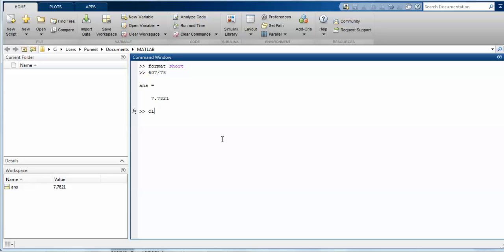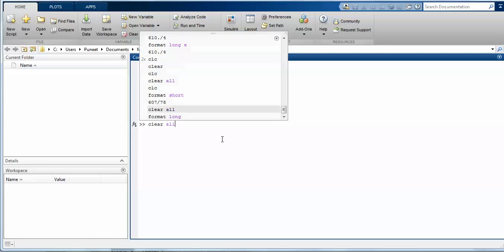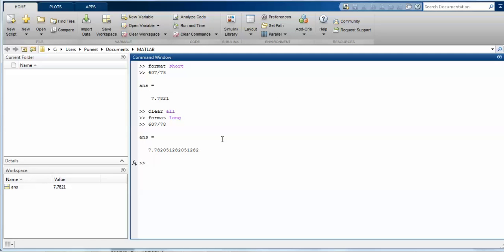Instead of this, if I use format long and do the same calculation, it will give you 14 digits after the decimal. Similarly, there are other formats like format short e and format long e. So these are several formats you can use.